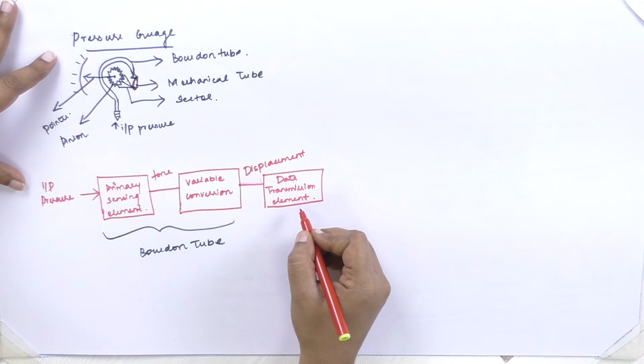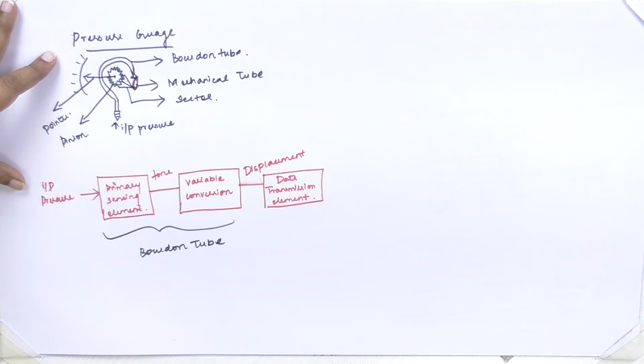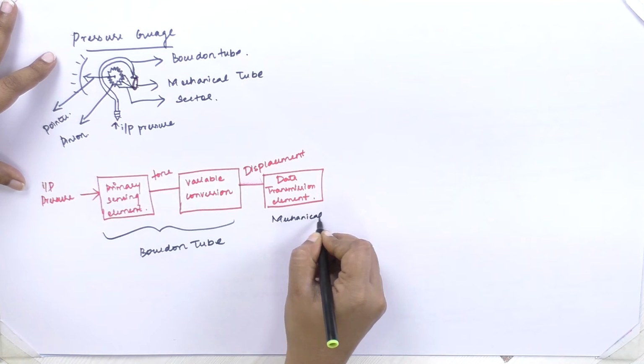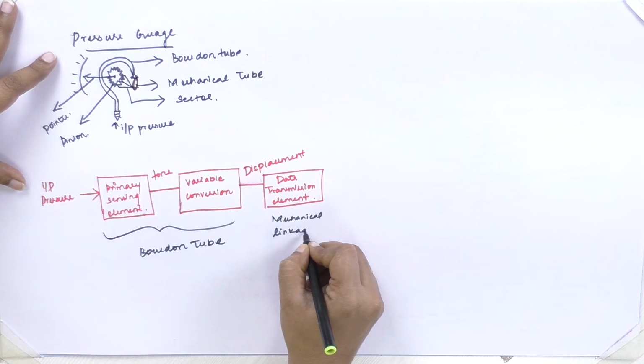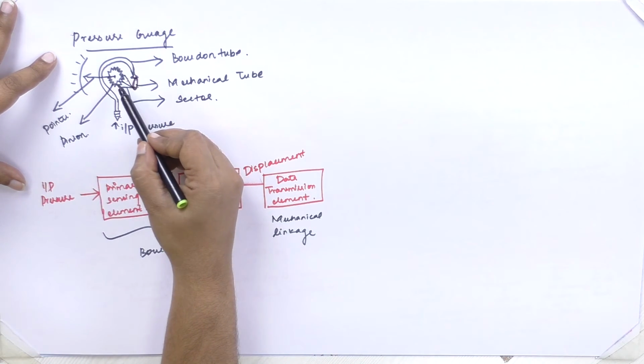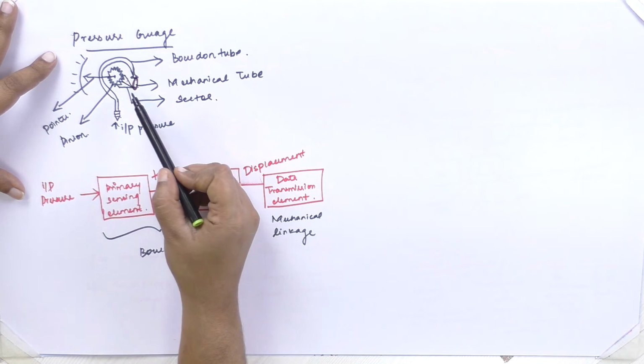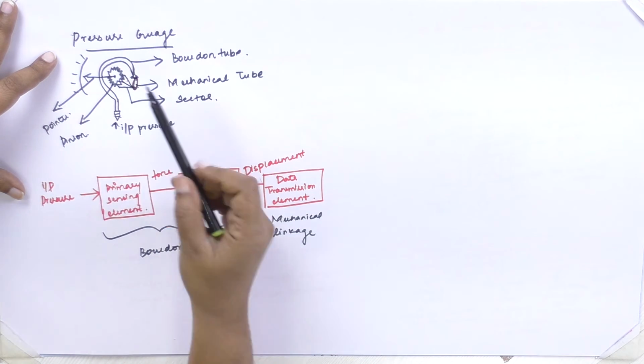Which acts as the data transmission element here? The mechanical linkage which is connected in between the closed end of the tube and the sector acts as the data transmission element, which transmits the displacement.